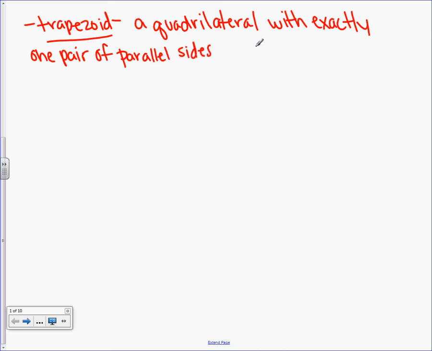People are usually pretty good about recognizing a trapezoid, but it's kind of hard to think of the definition. So that's your definition. This is typically what people think of when they think of a trapezoid, where one pair of sides is parallel. That okay? Then we have a rhombus, which we haven't seen in a while.